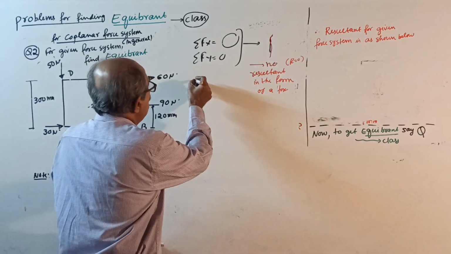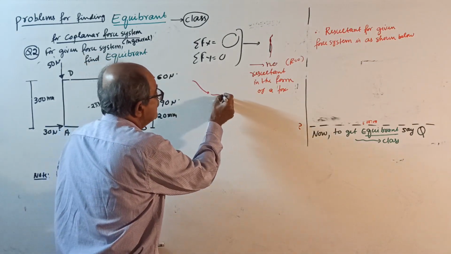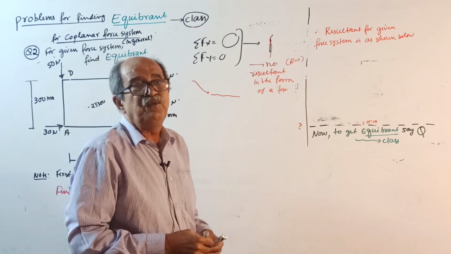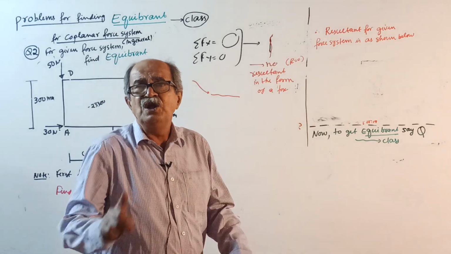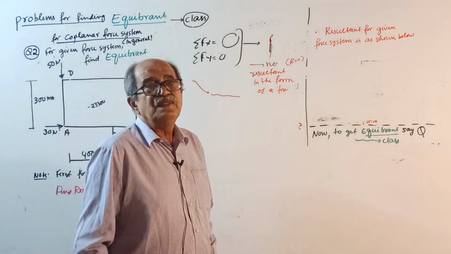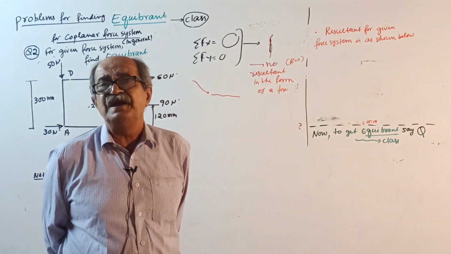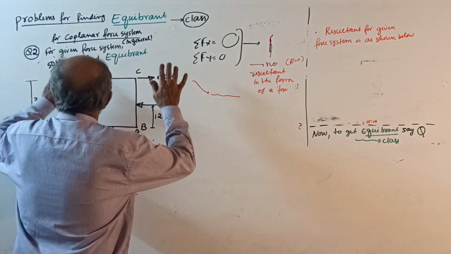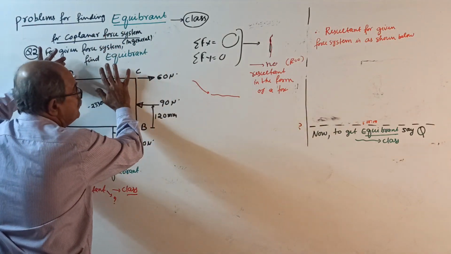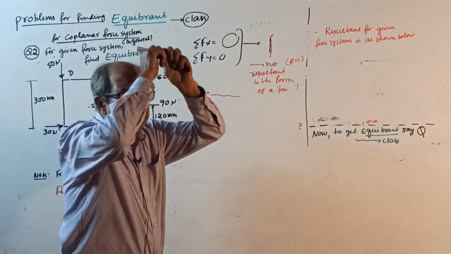Therefore, now let us check whether the resultant exists in the form of a couple. If it exists, you are right. The magnitude of the moment of that resultant in the form of a couple is equal to the algebraic sum of the moments of the entire force system about any point.